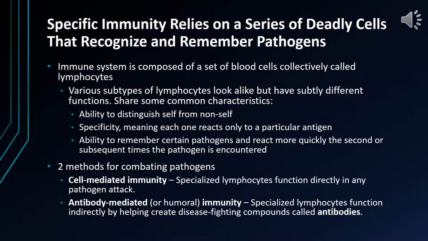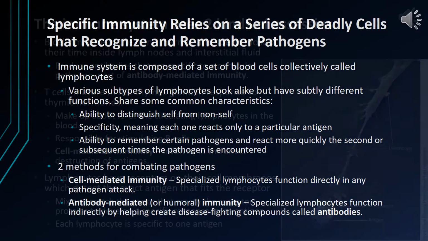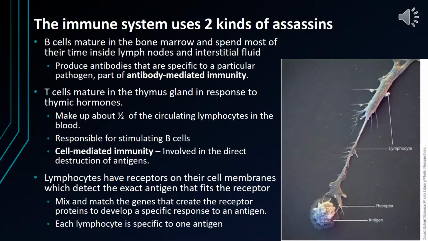And then there's the antibody or humoral immunity, which is mediated by the B cells, which are just another type of lymphocyte. And these specialized B cells function indirectly by helping create disease-fighting compounds called antibodies. The immune system uses two kinds of assassins, and we're referring to the B cells and T cells here.